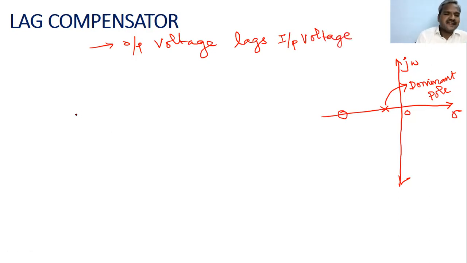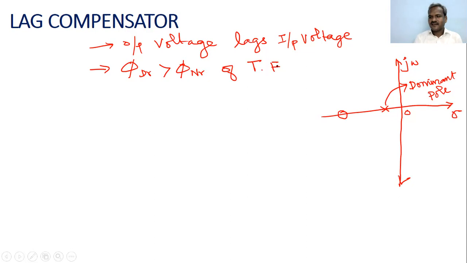The phase angle of the denominator of the transfer function is greater than the phase angle of the numerator.